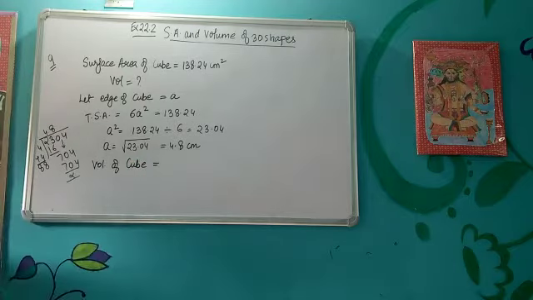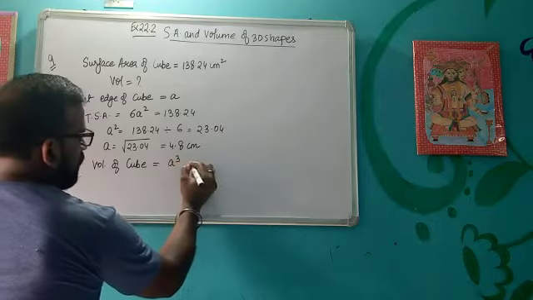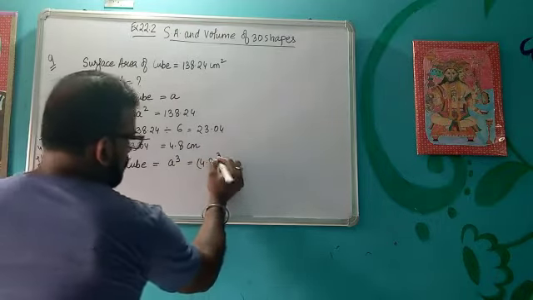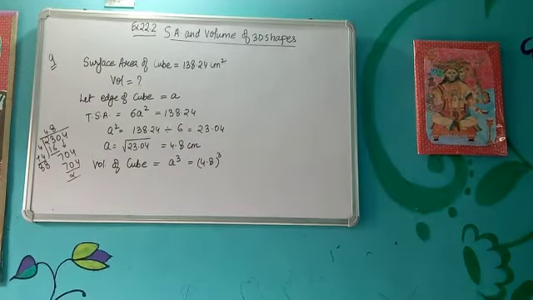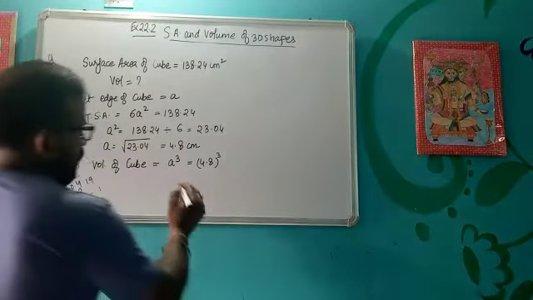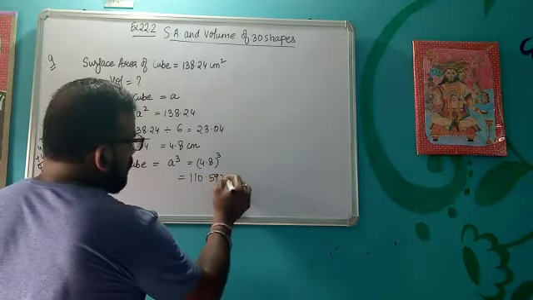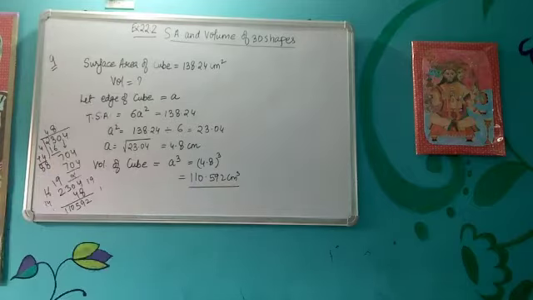So what we know, volume of cube is A cube, that is 4.8 cube. So 4.8 cube is 110.592 centimeter cube. Okay.